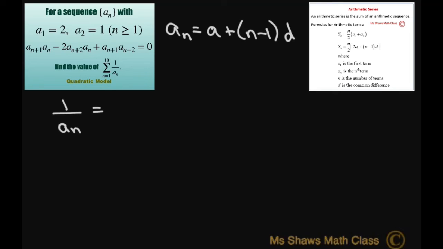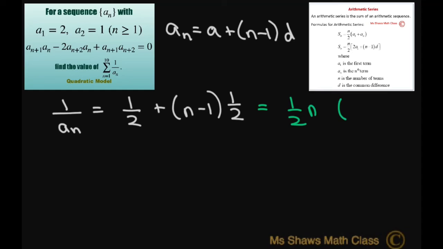So this is going to end up being 1/2, that's your first term, plus n minus 1 times your common difference, which is 1/2. This is going to give you 1/2 n, for n greater than or equal to 1.